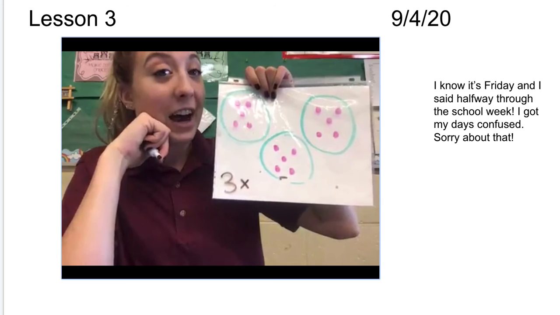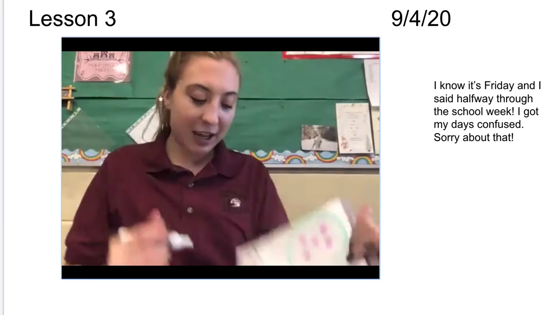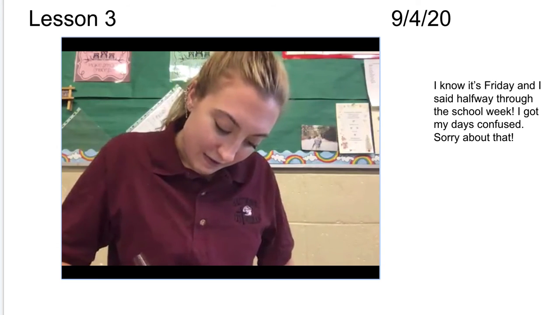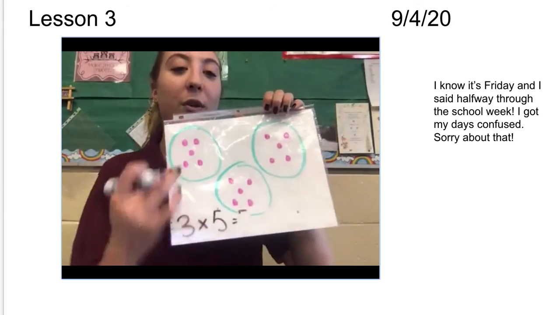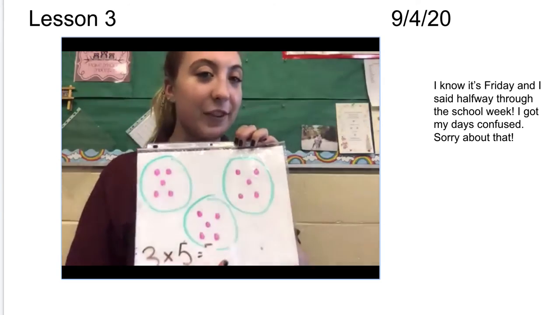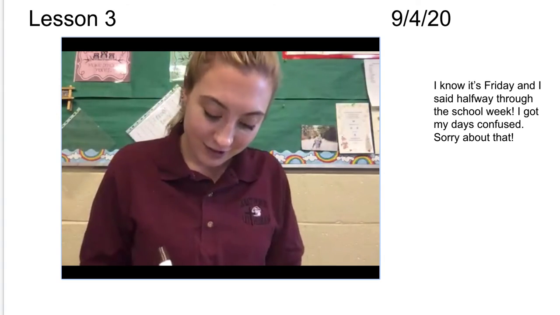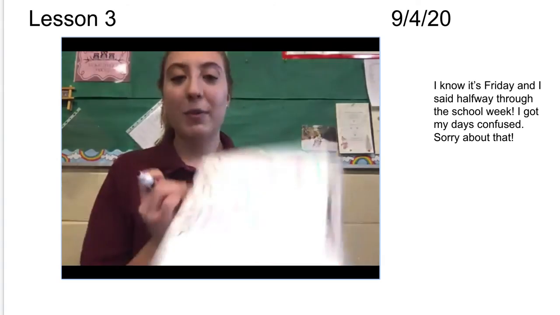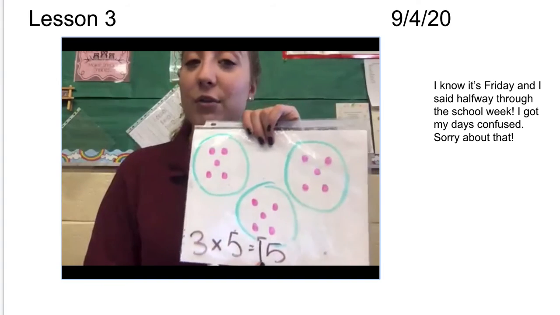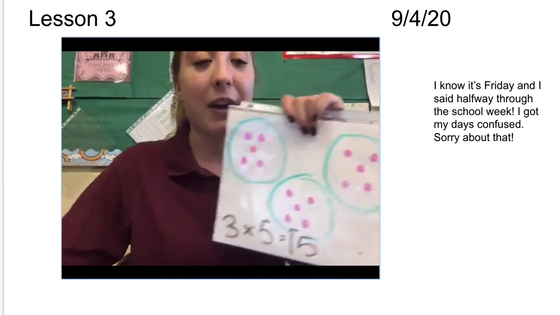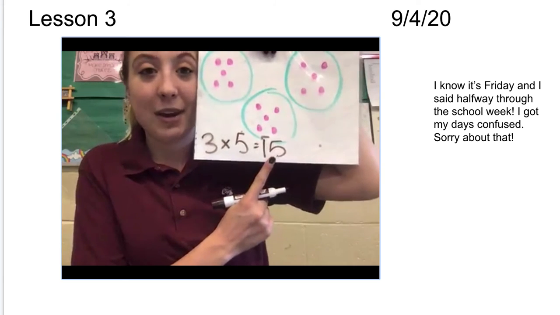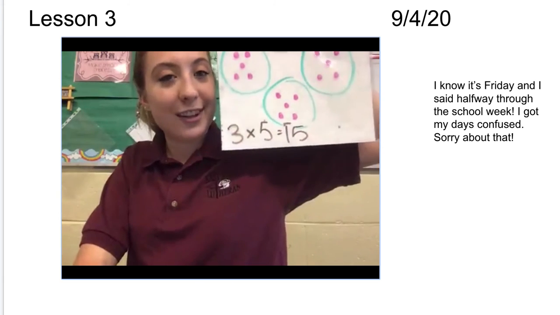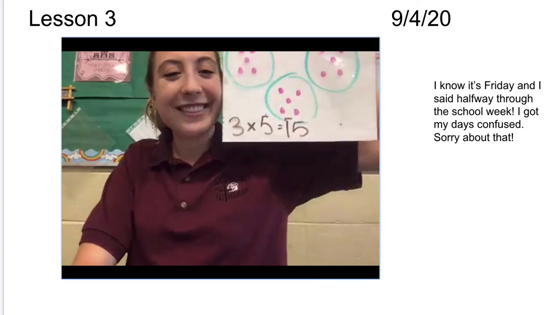I have 5 in each group, so 3 times 5 gives us a total of, what's the total amount of dots? 15. So my 3 times 5 equals 15, and my 5 plus 5 plus 5 both give me the same answer, which is our total. And that is our warm-up for today.